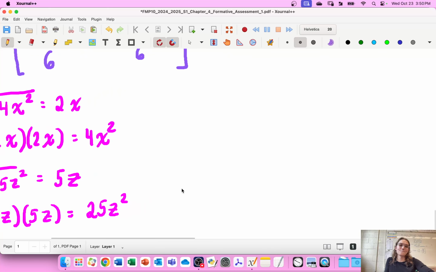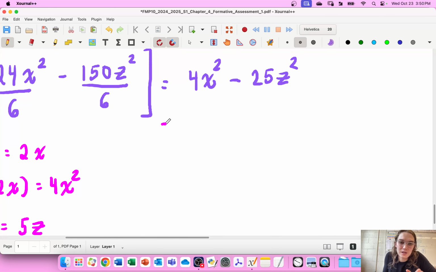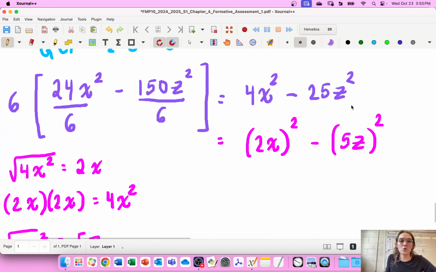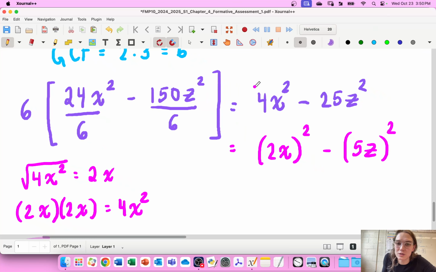So that just means I can write this as something squared minus something squared. (2x) squared minus (5z) squared. Oh, whoops, sorry, I have to keep including my 6, because otherwise I would be getting off track.